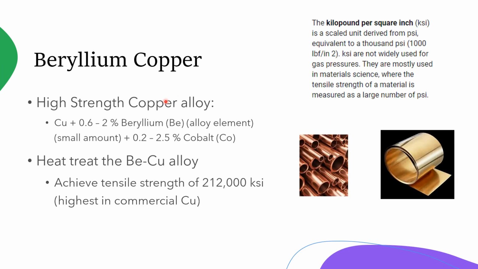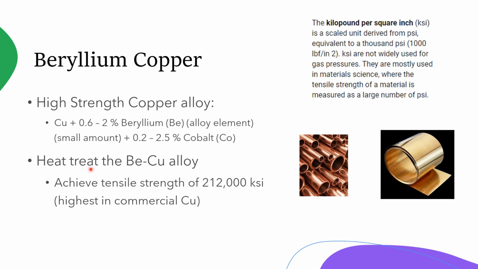Beryllium copper is a real high strength copper alloy because the composition of it is we have copper and we have 0.6 to 2% beryllium, an alloy element in small amount, and then we're going to add cobalt, so 0.2 to 2.5% special element cobalt in it.